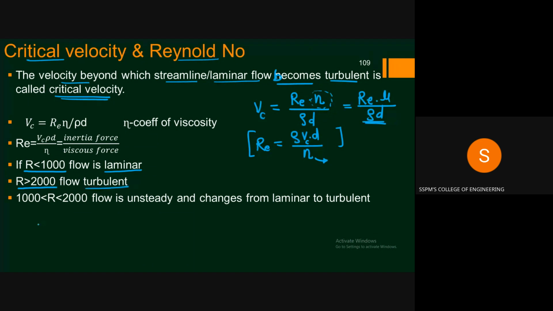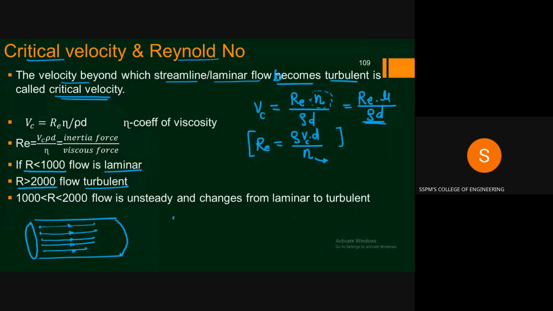Okay, the meaning of laminar flow is, if you consider this is a pipe and some fluid passes through the pipe, then all the fluid particles will move in a single line. There is no mixing of particles from one layer to the other layer. This is called laminar flow.